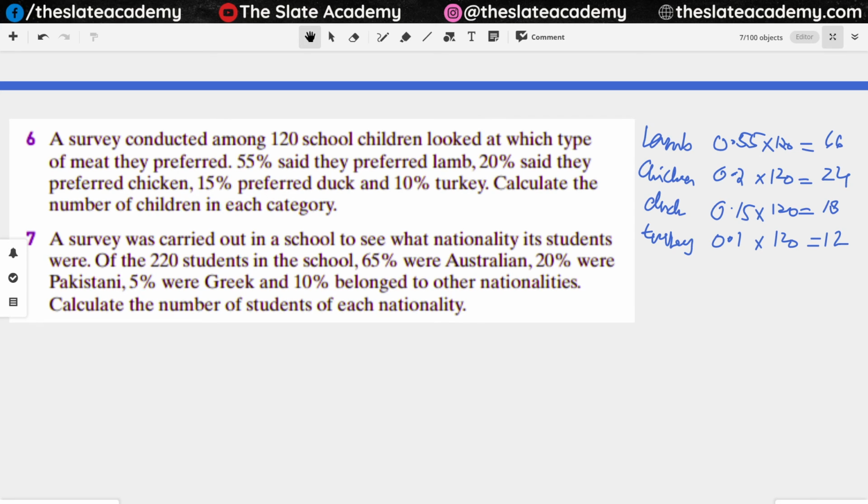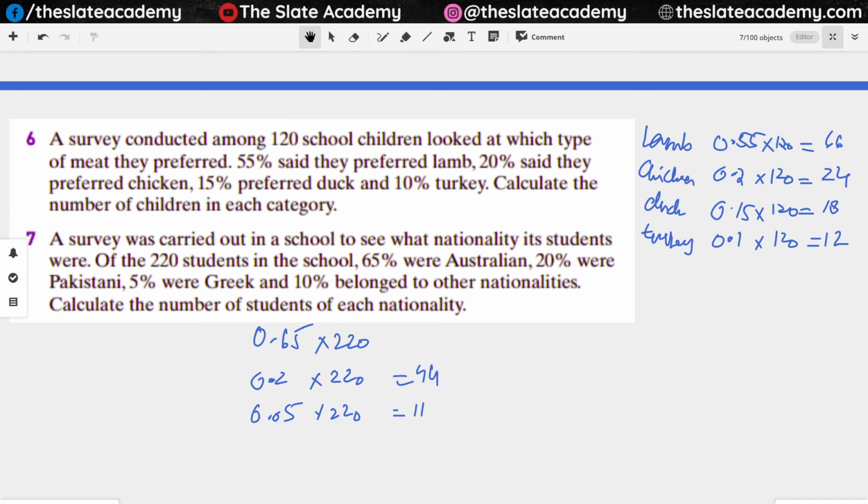All right, for the next one, we have 220 students, 65% were Australian, so 0.65 times 220, which is 143. 20% Pakistani, 0.2 times 220, which would be 44. 5% were Greek, so 0.05, which would be 11.